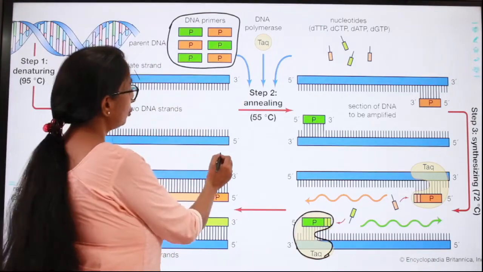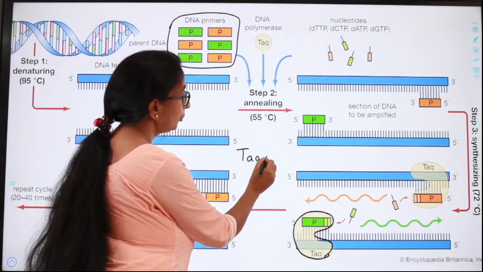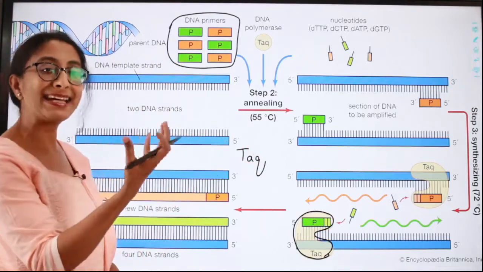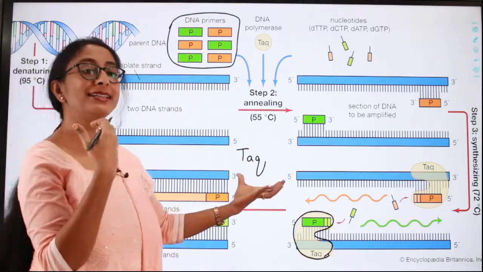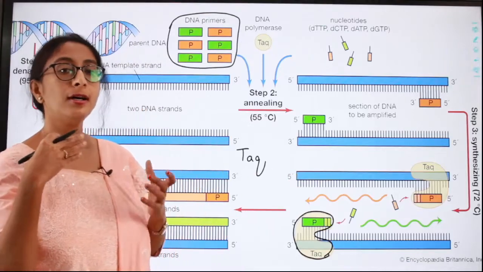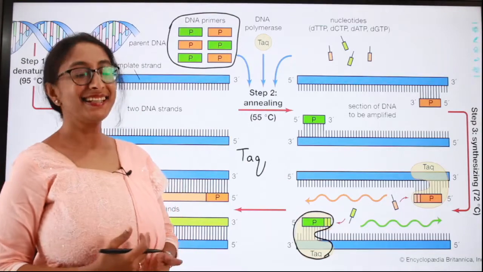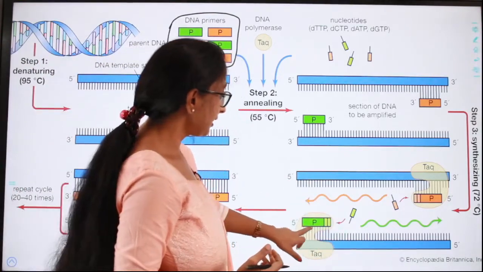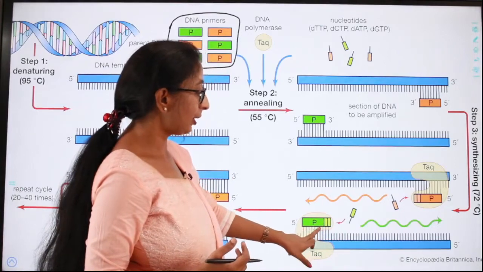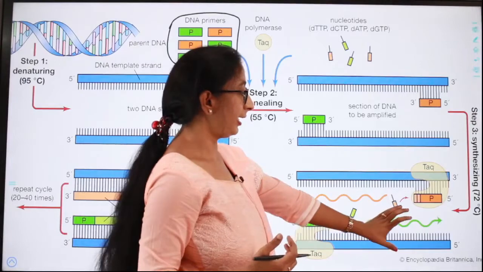From Thermus we get T, and from aquaticus we get A and Q, and that is why it is called Taq DNA polymerase. Understanding all these things makes you remember them better and not just memorize, isn't it? So the Taq DNA polymerase comes and attaches at the site where the primers have bound, and then it starts synthesizing the DNA strand.